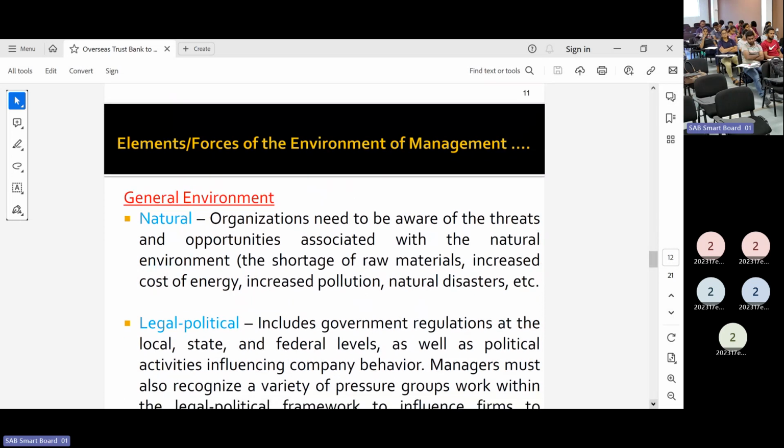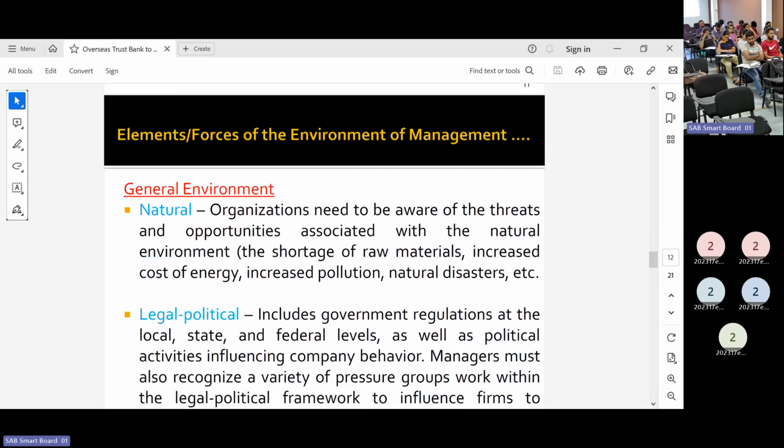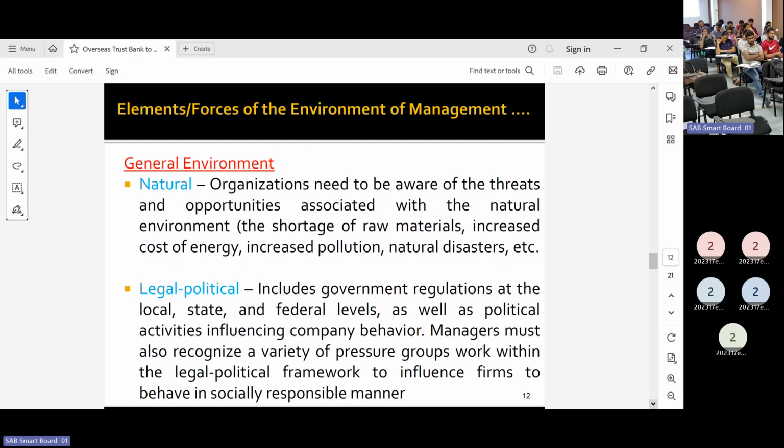Legal and political includes government regulations at the local, federal, state level, as well as at the global level. These political activities are influencing organized company behaviors and their decision-taking capacities.